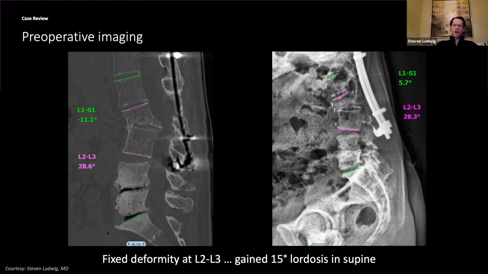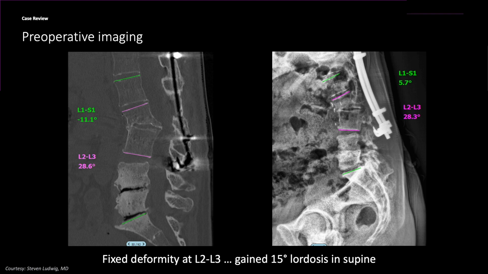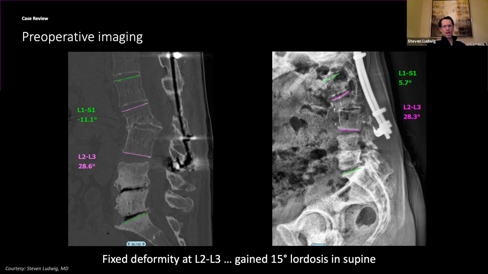When you look at her standing x-rays and you compare them to her CT scan, I think the one thing that some of you may notice off the bat is she corrects a little bit, right? Does everybody see that? Air in the disc space is sort of your friend, right? You can leverage that air in the disc space.